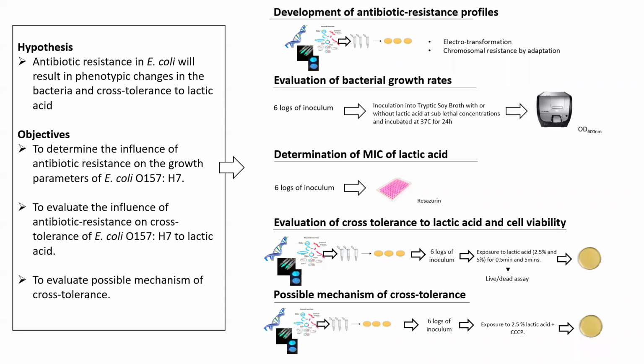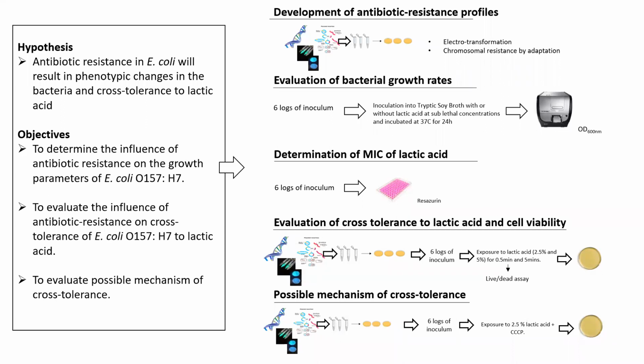And then to evaluate what possible mechanism could be causing this tolerance, which we saw, we used a certain dye known as CCCP, where our hypothesis was that the tolerance was due to efflux pumps. Basically, efflux pumps are proteins on the surface of cell membranes that prevent the passage of molecules in and out of the cells.